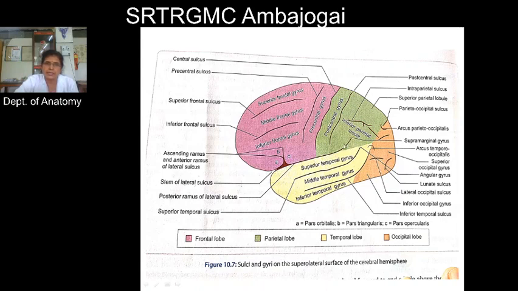Its posterior end is upturned in this parietal lobe, and this posterior ramus has two margins, two lips, the superior and inferior, and this inferior lip or inferior margin is formed by this temporal lobe, and the superior surface of this inferior margin presents the two gyri, the anterior and posterior transverse temporal gyri, which are present in the superior aspect of this inferior lip of this posterior ramus, and these gyri form the auditory area.